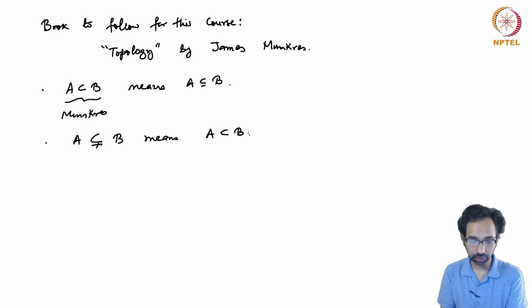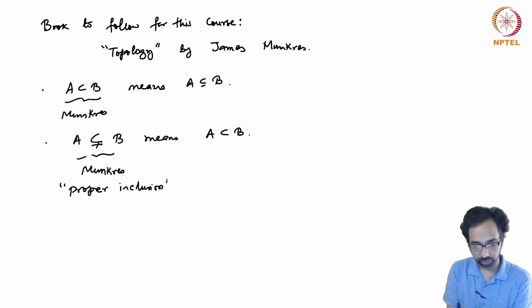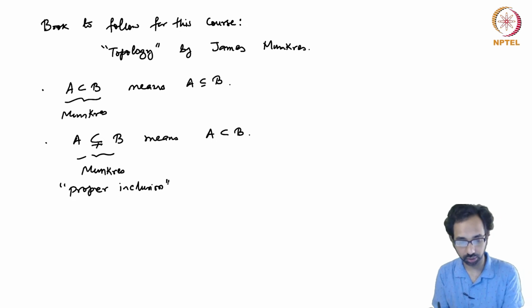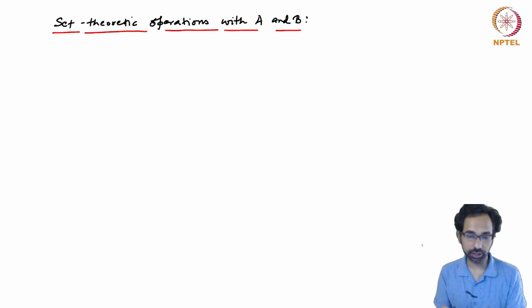Munkres calls it proper inclusion. The subset notation is also called inclusion, and for Munkres this is proper inclusion, and the first one is simply inclusion.